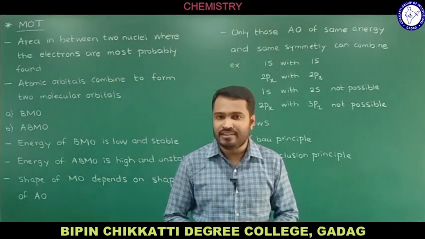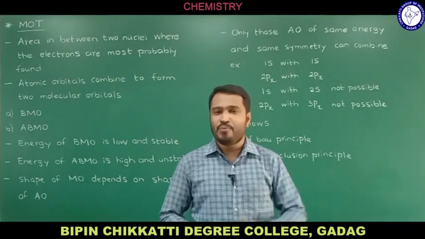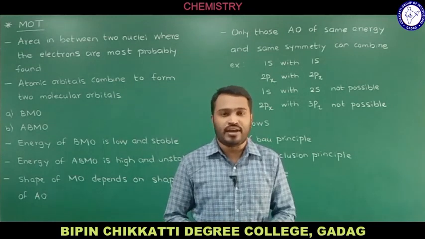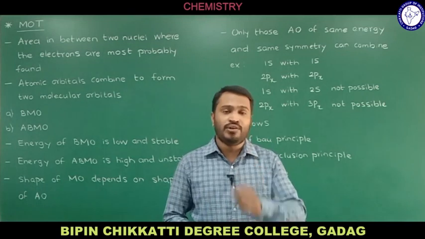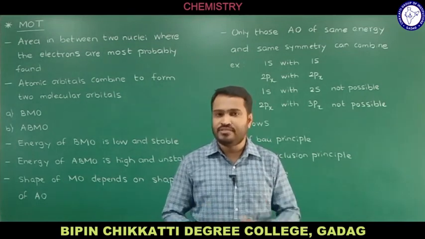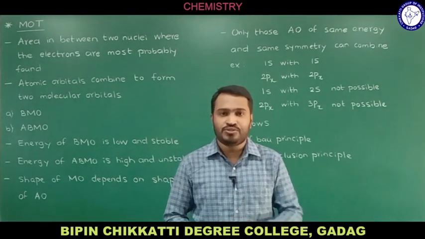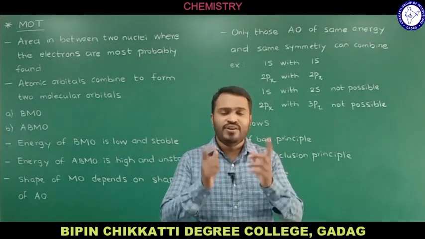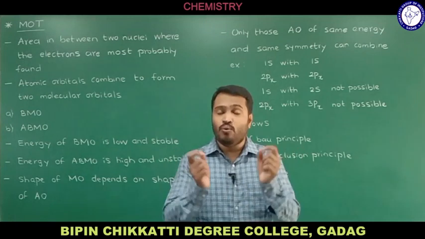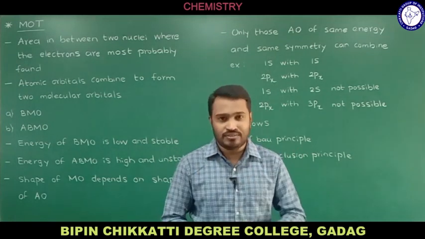Molecular orbital theory. Many properties of molecules as well as ions can be explained with the help of molecular orbital theory. First we'll see what the assumptions or postulates of the theory, MOT, are. We know that there will be overlapping of atomic orbitals.